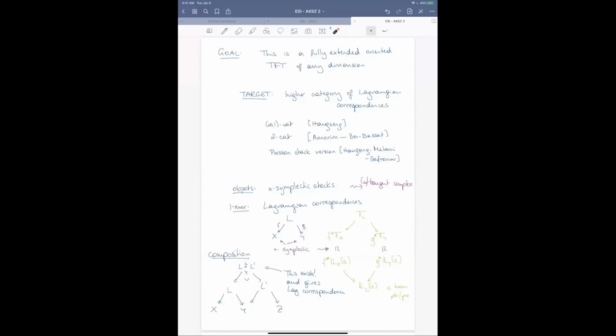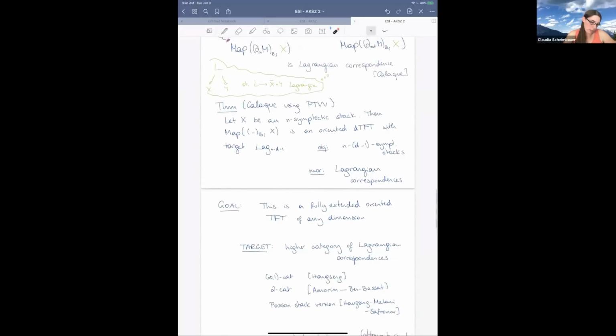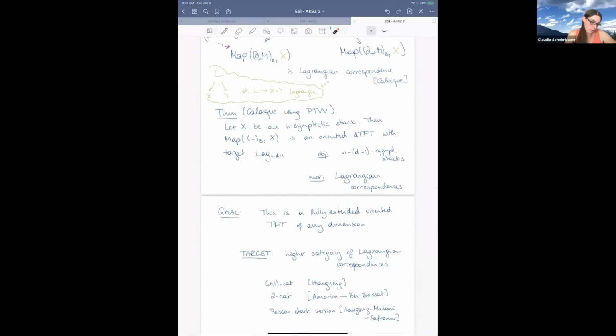Could I ask a question? This is Edra here. Just about the technical details of the composition. Sure. So clearly there's no canonical choice, which is exactly why we're doing higher category theory. But in this context, should I be thinking infinity one? Yes. So what I'm explaining right now is an infinity one category. And then of course you can take its homotopy category. So that's what Damien actually did. That's part of the statement here.